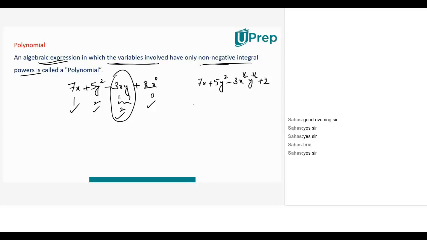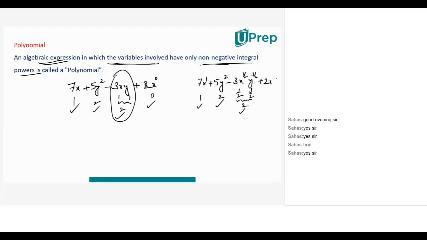I'll tell you why I ask. The first term has a power 1, positive. The second term has only one variable y, power is 2, positive. X has a power half. Another variable is also present, y has a power 3 by 2. So the combined term's power is 1 by 2 plus 3 by 2, that is 4 by 2, that is 2, which is positive.